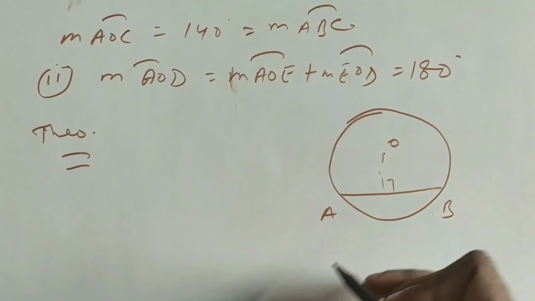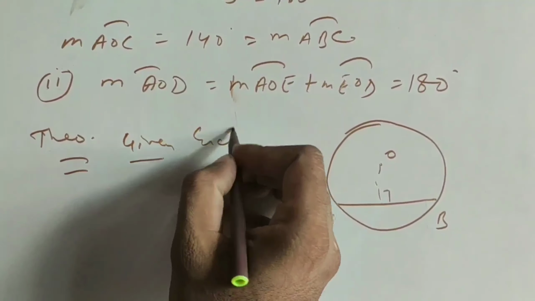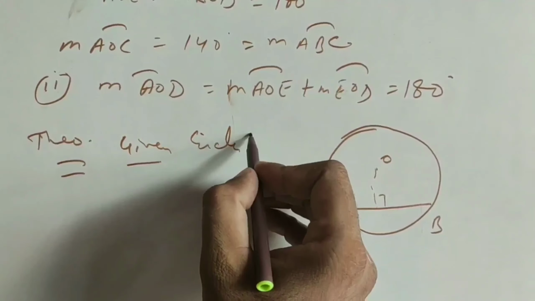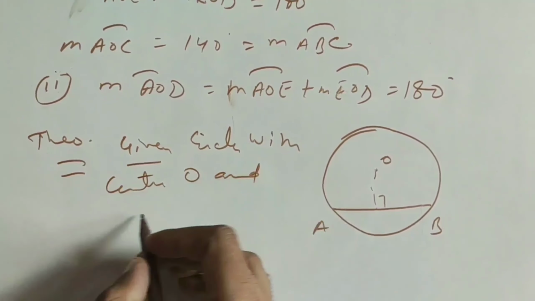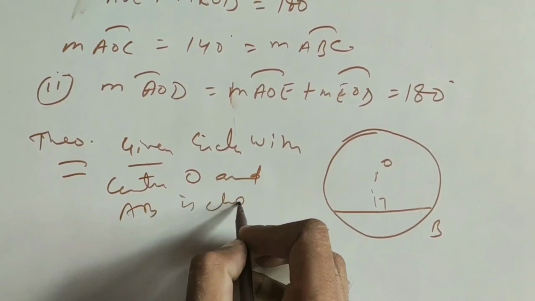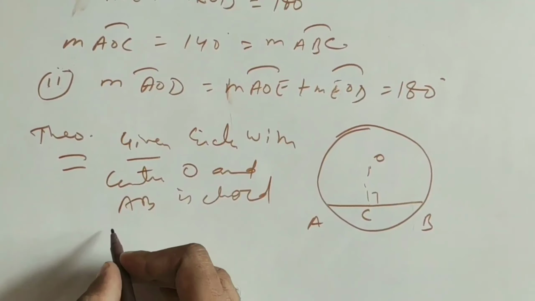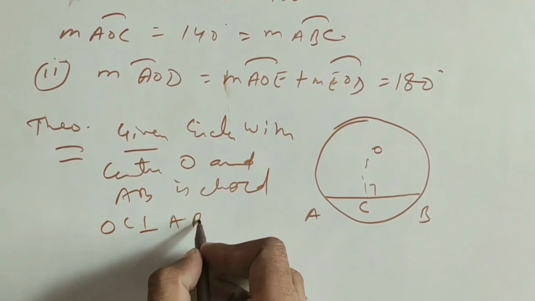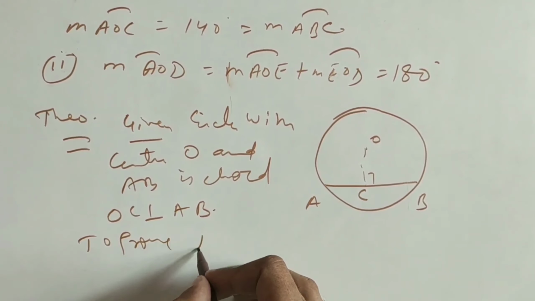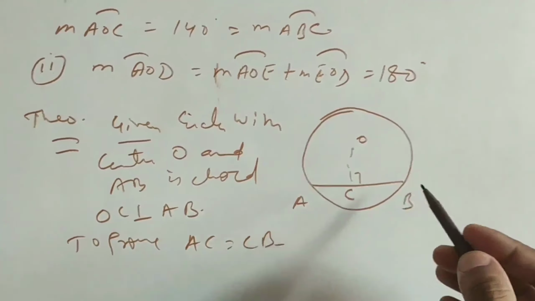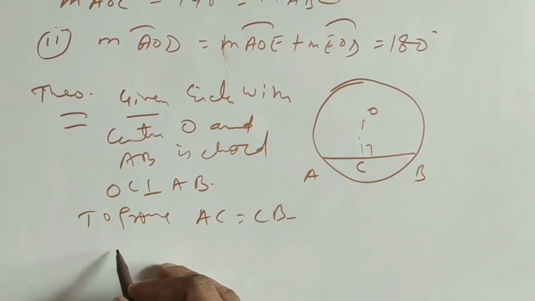To prove it, it is given that there is a circle with center O, and AB is the chord, and suppose this point is C, and OC is perpendicular to AB. This is the given part, and we need to prove that AC will be equal to CB.